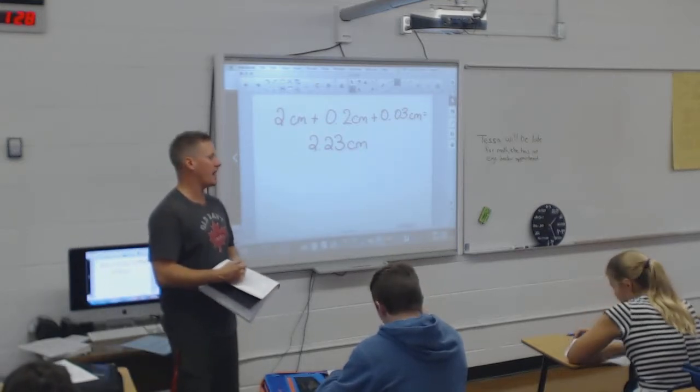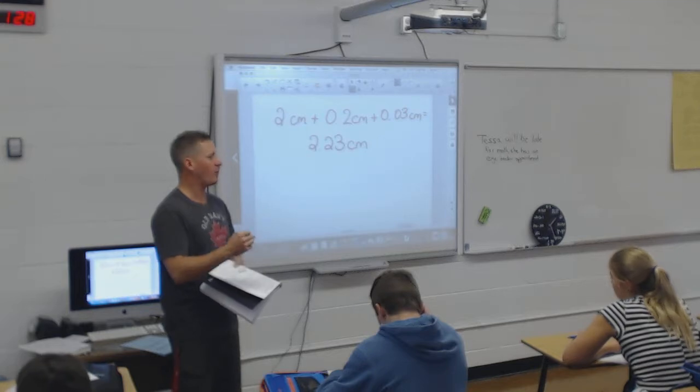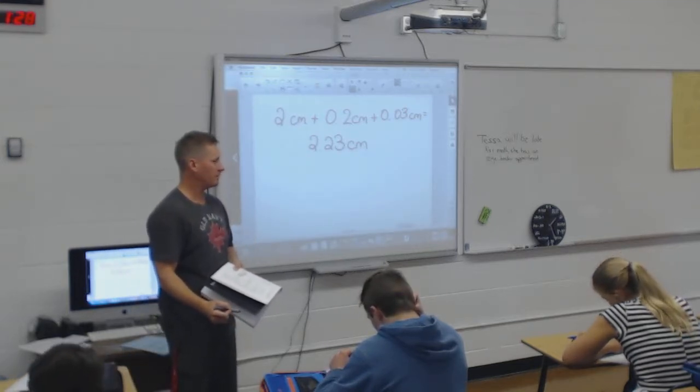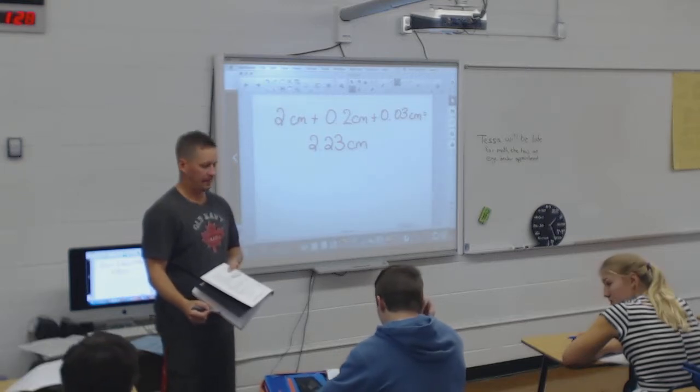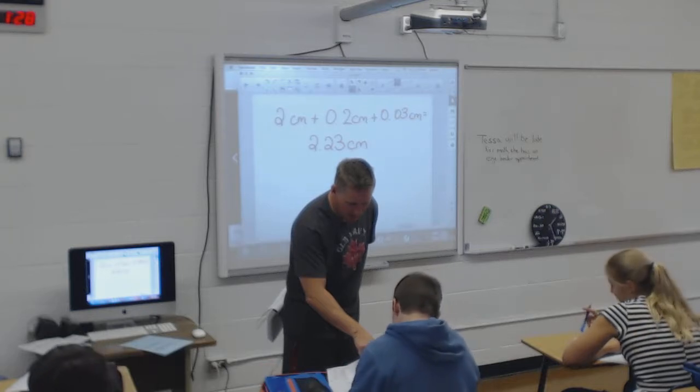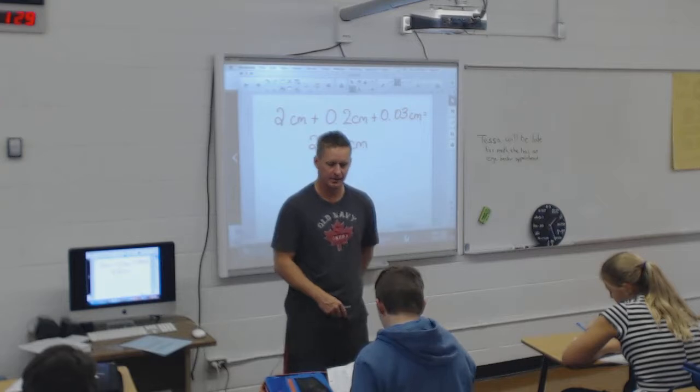So the largest number I could have is 2.29 before it goes to 2.3. Do we follow? If this 10 lined up, it would be lined up exactly on 2.3.